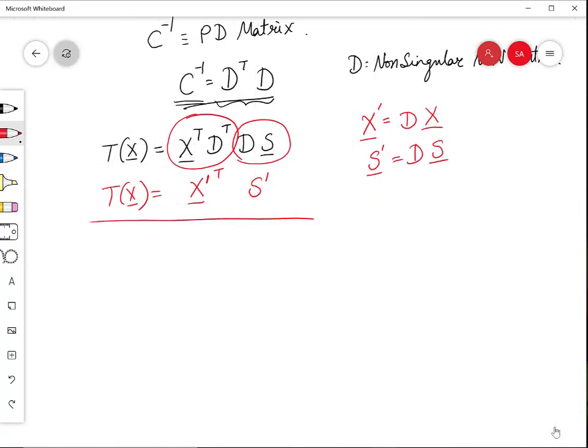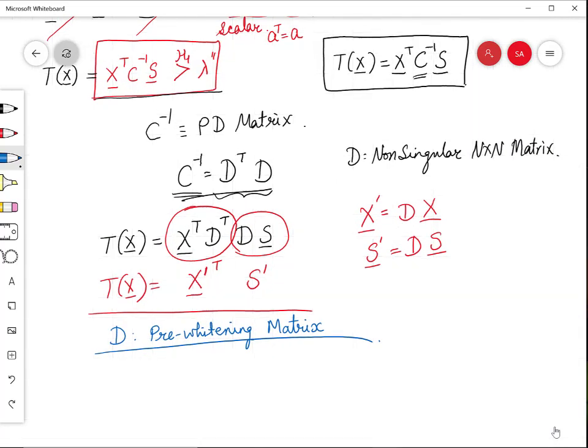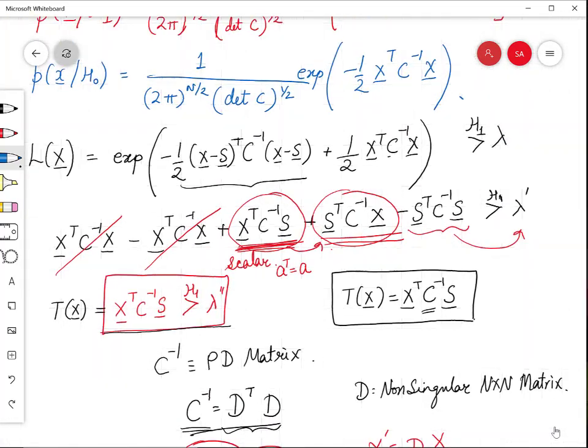So D has a special name I was talking about. It is called a pre-whitening matrix. Why is it called a pre-whitening matrix? Because the noise is colored, always.